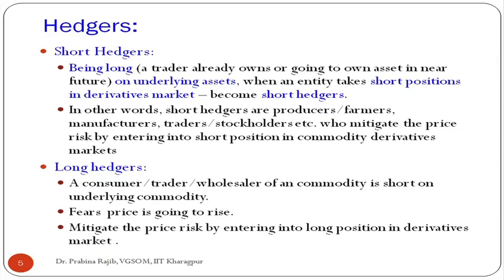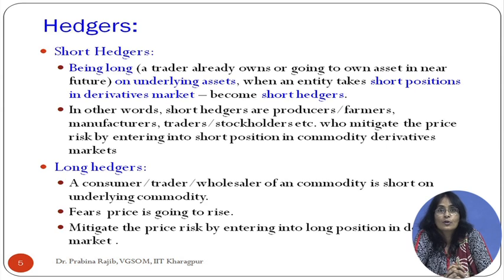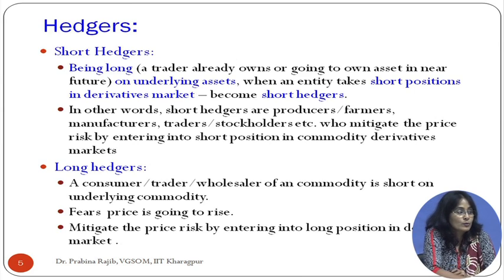So, as I mentioned, who is a hedger? A hedger has to have an exposure to the underlying. And who is a short hedger? A short hedger is a party who is already owning the asset or is long on the asset, and he will be able to mitigate that risk by entering into a short position. So, producers will be short hedgers.